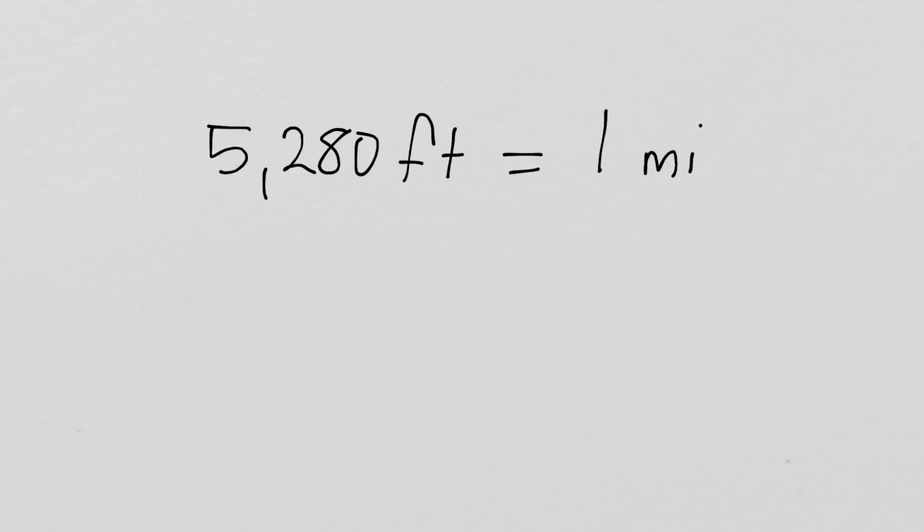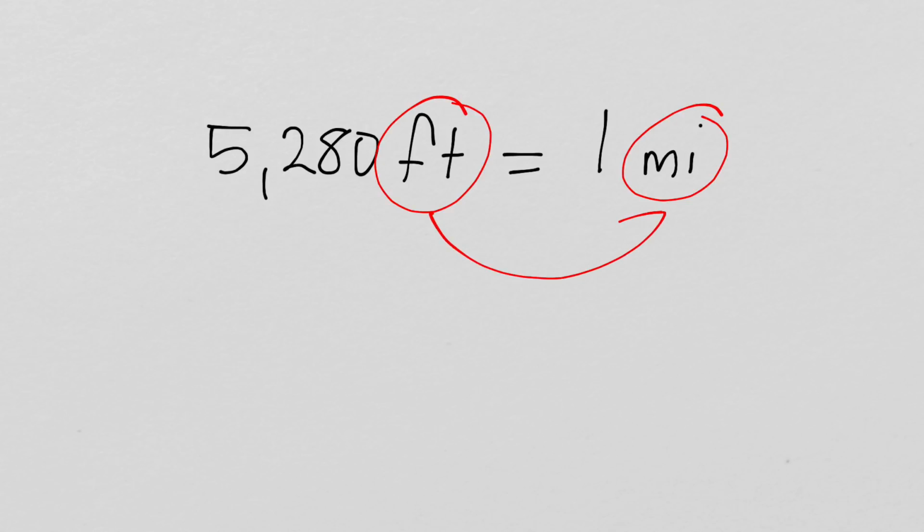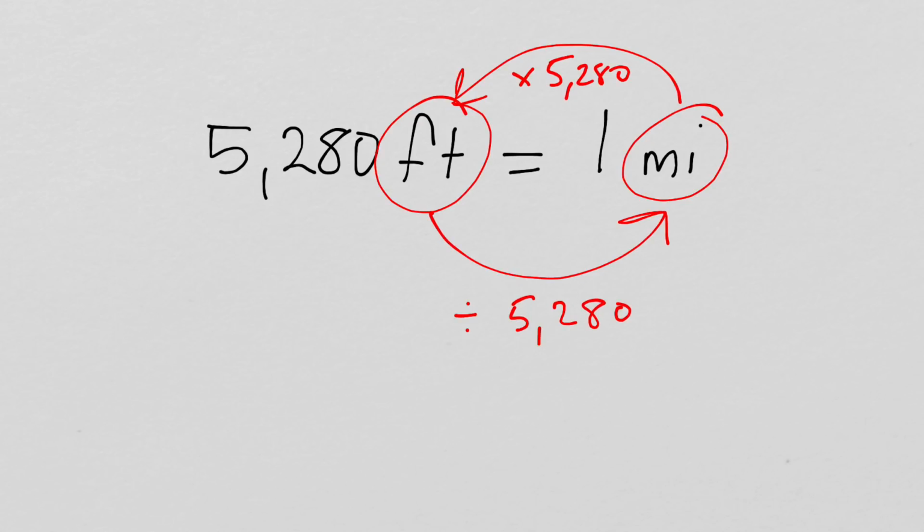Now, if you're looking at feet to miles, then you've got this big old number to multiply and divide by, right? So if I want to go from feet to miles, I'm going to have to divide by 5,280. Might be a bit tricky, right? If I want to go back again from miles to feet, I have to multiply by 5,280. Might be a little easier to do that, but still possibly challenging.